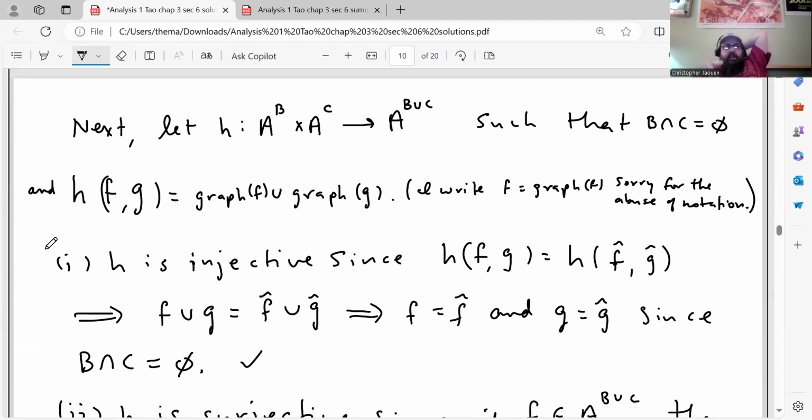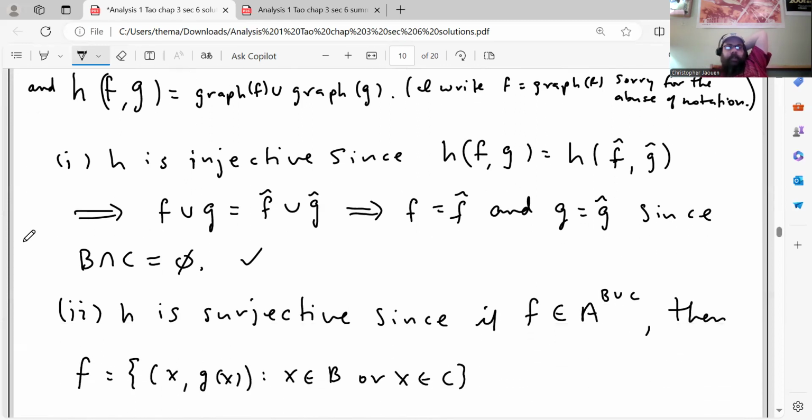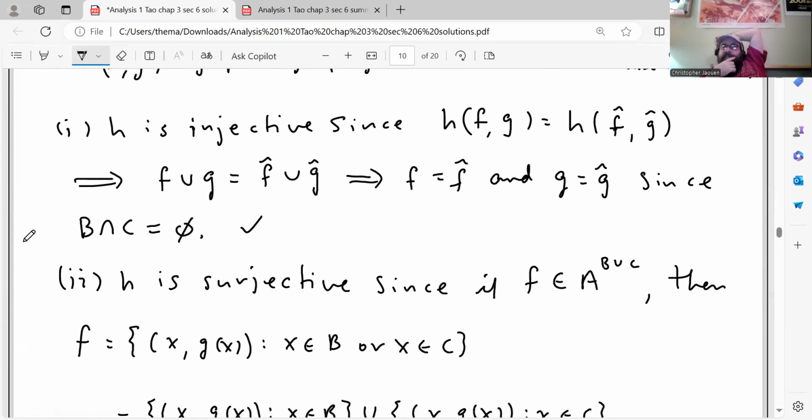Okay, so that's what my function does. It takes the ordered pair (F, G) to the union of their graphs. H is injective since H(F, G) equals H(F hat, G hat) implies, again talking about the graphs just so it's clear, that the graph of F union the graph of G equals the graph of F hat union the graph of G hat, which implies that the graph of F equals the graph of F hat, or actually even the functions are equal, since the domains of the two functions are disjoint.